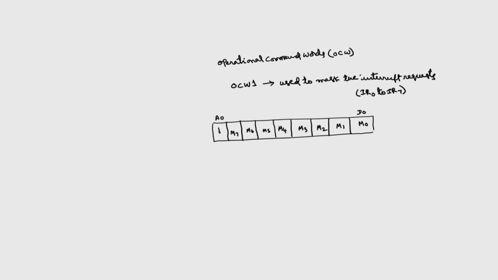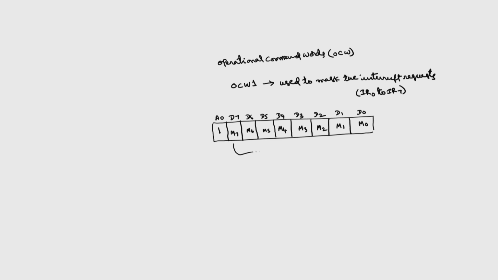This will always be 1 for OCW1. So this is D0, D1, D2, and so on up to D7. So M0 corresponds to IR0, M1 corresponds to IR1 and so on.